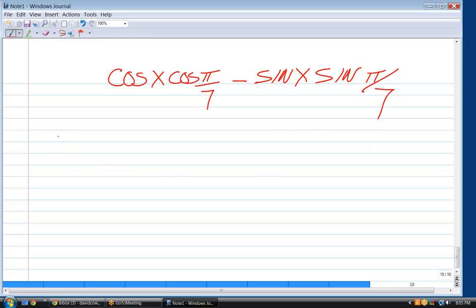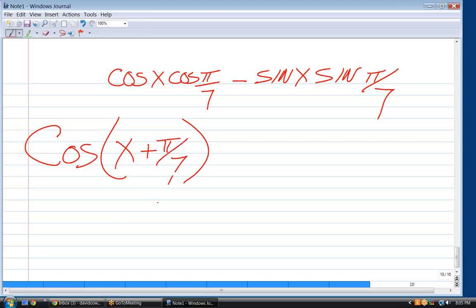So what's that going to be? That's the answer. Pi over 7 is a number, but x is a variable, so you can't add them together.